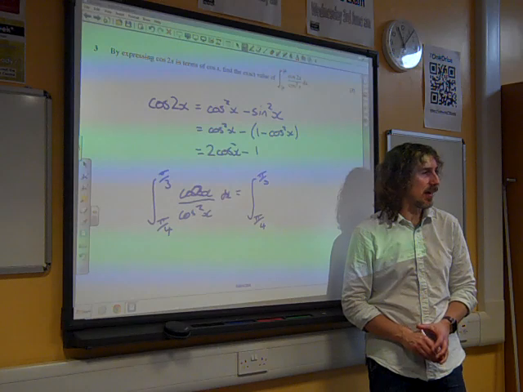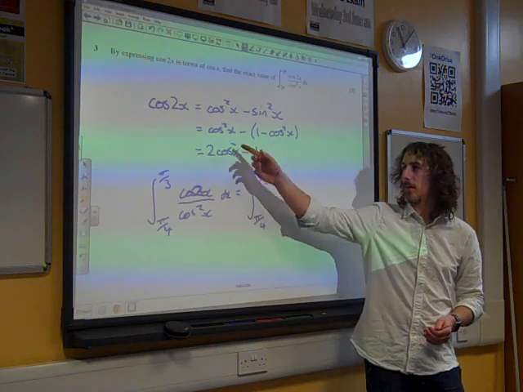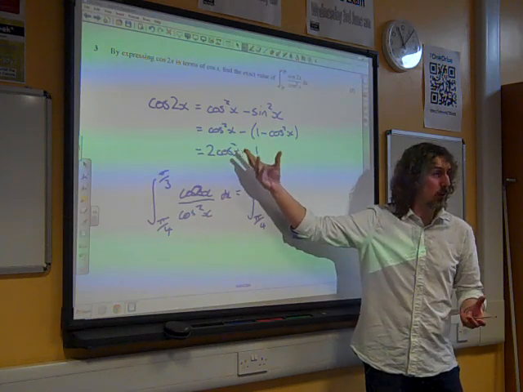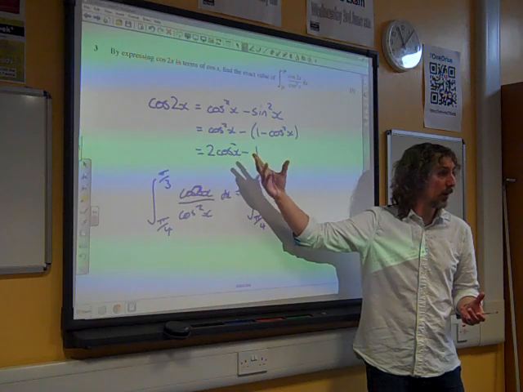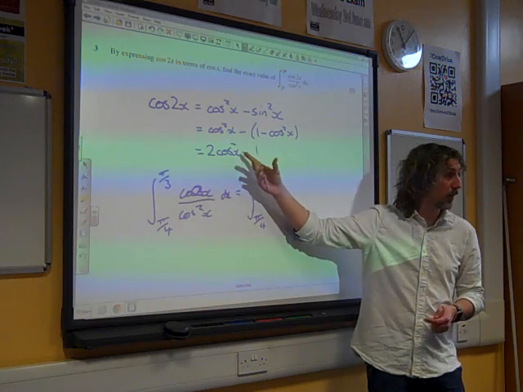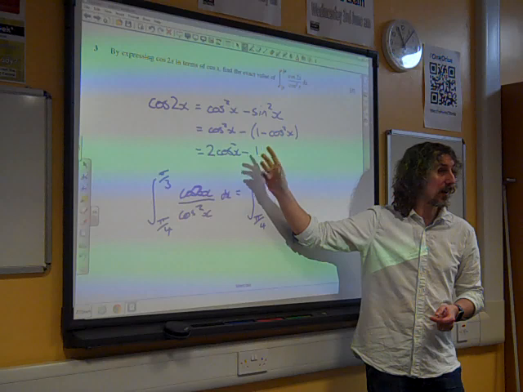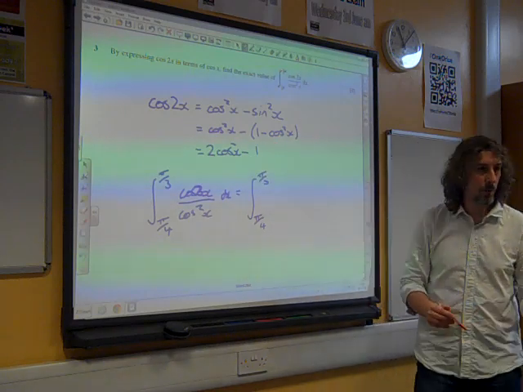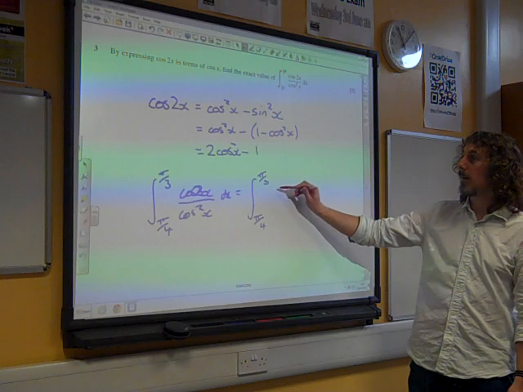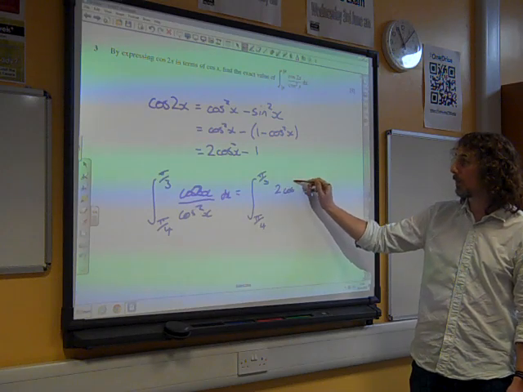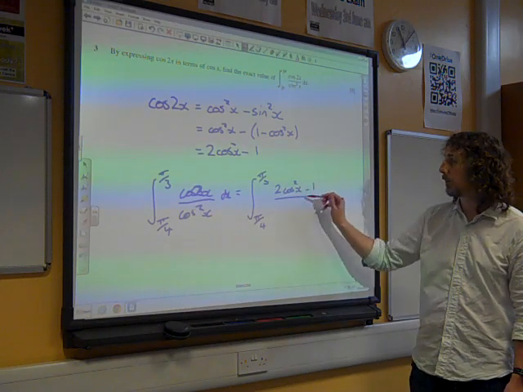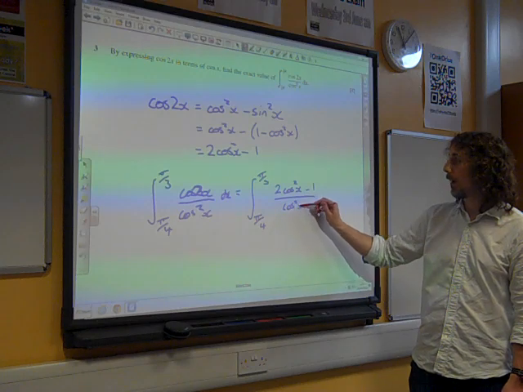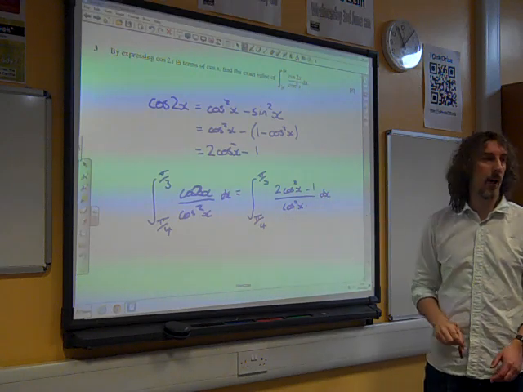The question did say, by expressing cos 2x in that form. Now it's slightly unusual for us, because we're really used to using this identity the other way around, and getting cos squared x written in terms of cos 2x. But we'll go with what the question has suggested, and we'll rewrite it. So that's 2 cos squared x minus 1 over cos squared x dx.